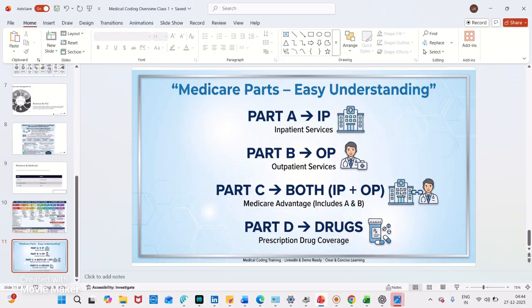Part D is used for drug prescriptions. Medicare Part D covers prescription medicines. Patients use this plan to get coverage for drugs prescribed by the doctor.